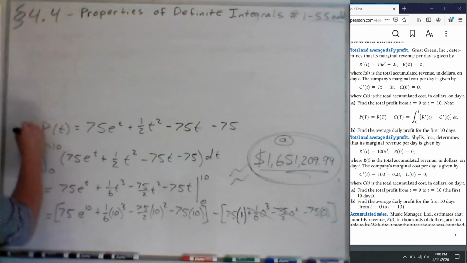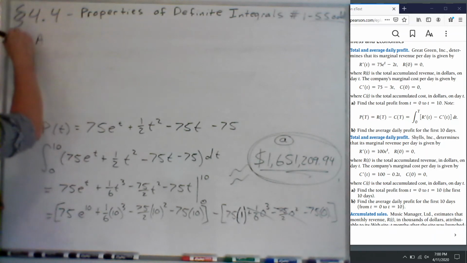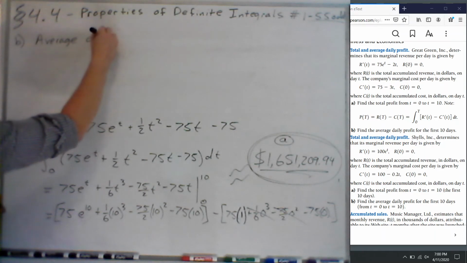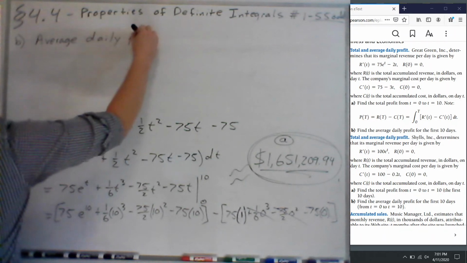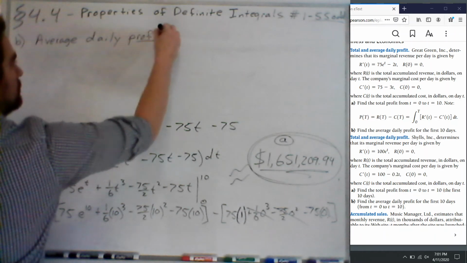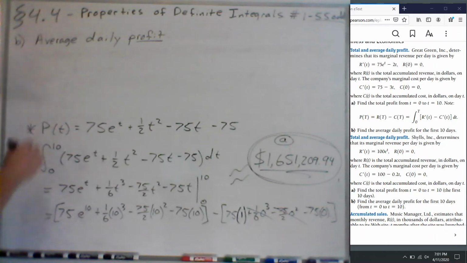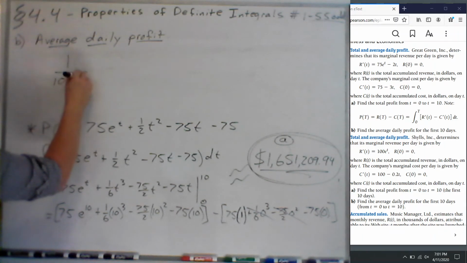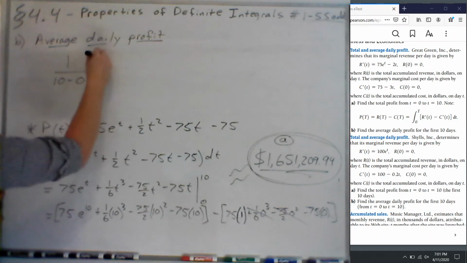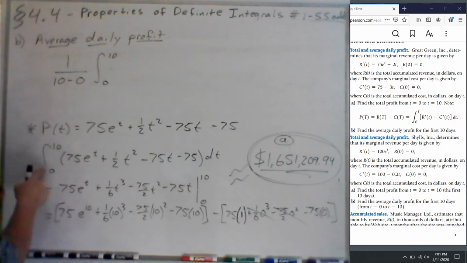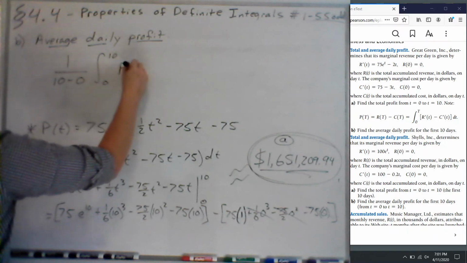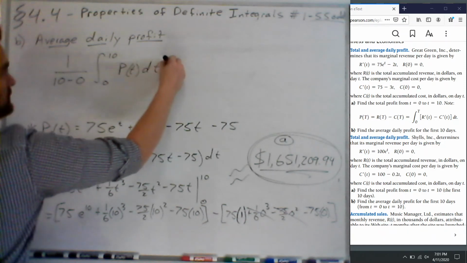So here's my profit function. My average daily profit for part B is going to be 1 over B minus A, in this case 10 minus 0, times the integral from 0 to 10 of my profit function, P of T, with respect to T.